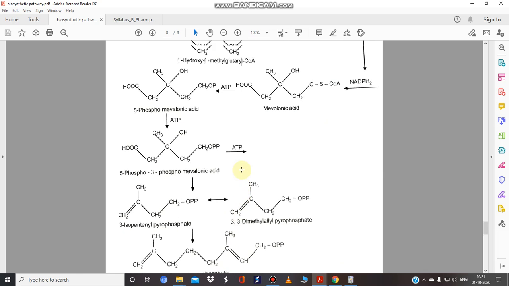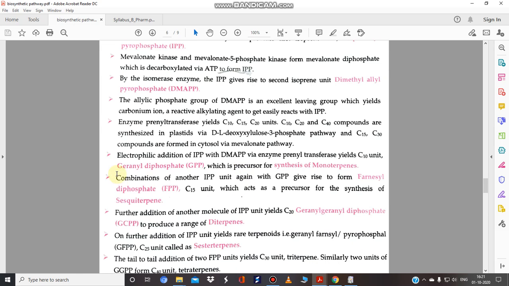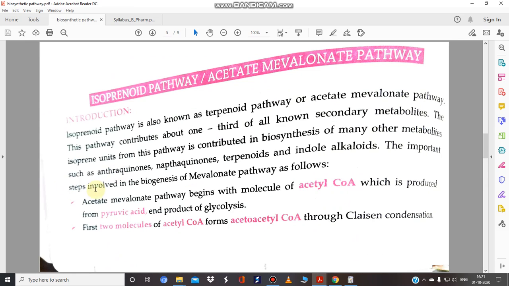Okay, so now we will start in detail. So what happened in the first step? Look at this. The acetate mevalonate pathway begins with the molecule acetyl coenzyme A, and we know this is produced in glycolysis as an end product.